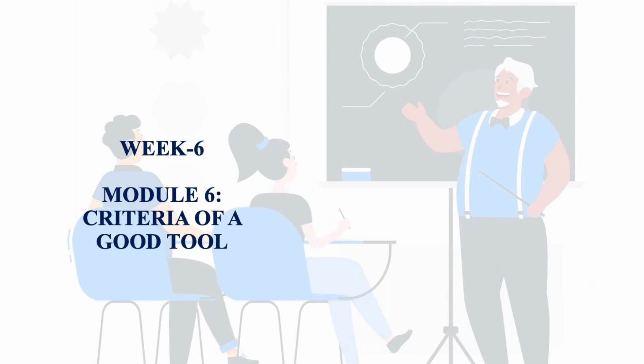As you know, in our online course BES 1 to 7 Assessment for Learning, presently we are in the 6th week. Now we are studying the 6th module. The title of the module is criteria of a good tool, and in this module 3 video lessons are there.